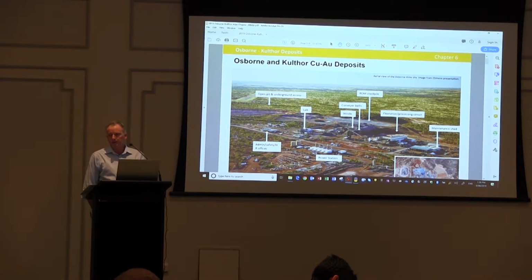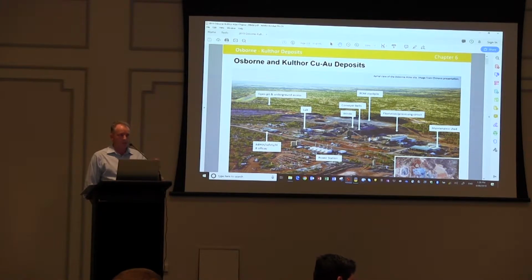I should acknowledge that a lot of the sources in the Osborne and Coulthor Atlas are obviously Chinova, who have been incredibly generous with their data. So what we've put into both the PDF Atlas and the Geoscience Analyst package is a lot of material from Chinova, obviously material from GSQ where available, regional geophysics, etc., and also a lot of reports.